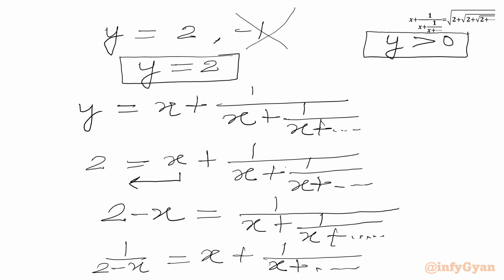Now our RHS is again equal to y. This is y. So we will write equal to y. So 1 over 2 minus x equal to y, and y is equal to 2. So we can write 1 over 2 minus x equal to y equal to 2.